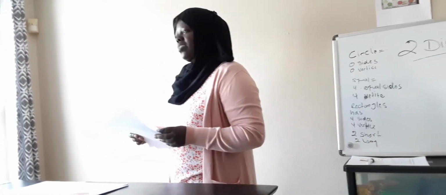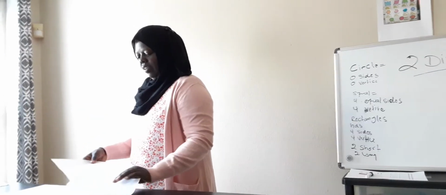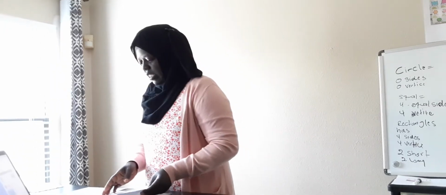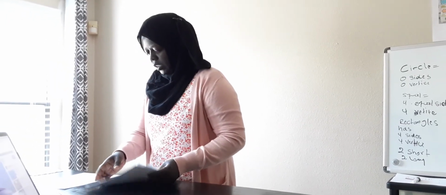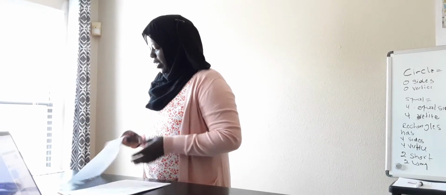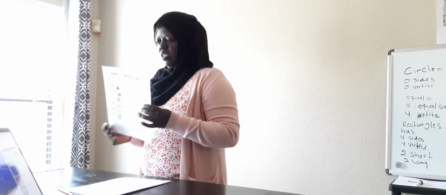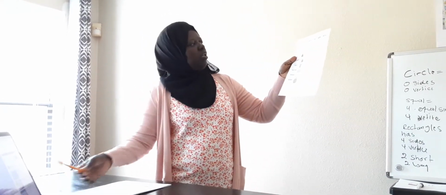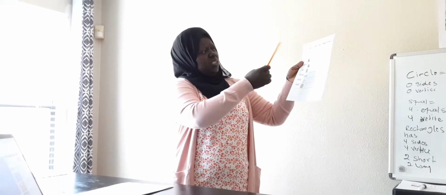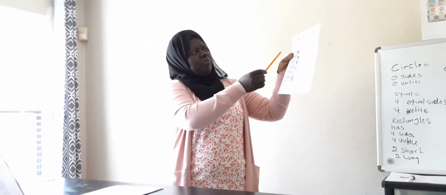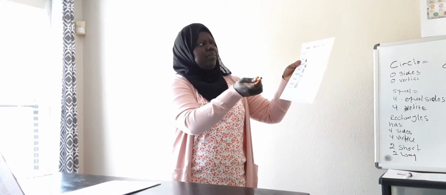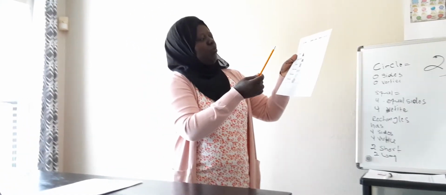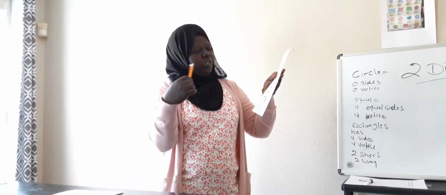So we have practiced a little bit about the 2D shapes. I hope we understand what it is. You will complete this chart. Make sure you look at your shapes and tell, for example, a circle, how many sides? And then you go on to a triangle, same thing. You look, how many sides, and the rest of them you will know.